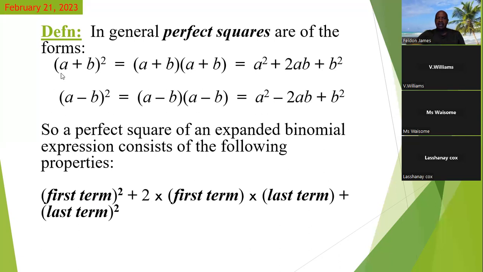So what we're saying is that if you multiply the first and the second term in the binomial and then multiply by 2, you get the middle term. And then we also notice that the b, the last term in the binomial, would become the last term of the expanded form, and it would be squared. And so these are the features that will guide us to know when we have a perfect square.